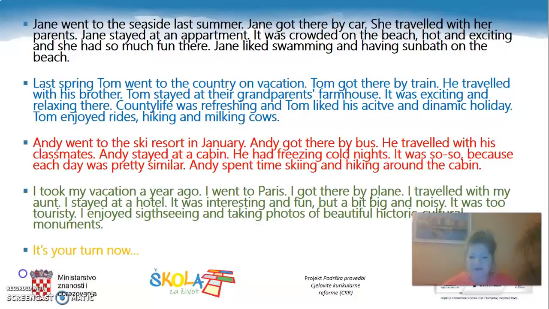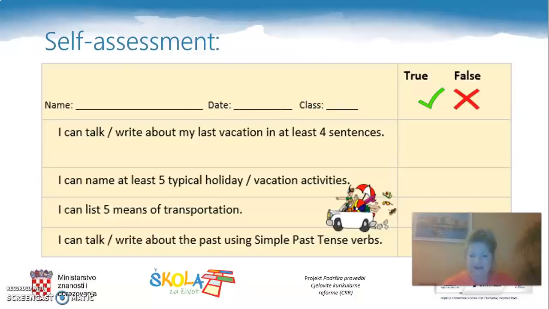So in order to self-check yourself and this lesson, it would be nice to answer these 4 questions by putting a tick if it is true or X if it's false for you. Number 1, I can talk or write about my last vacation in at least 4 sentences. So you must have 4 sentences or even more. If it's true for you, put a tick.